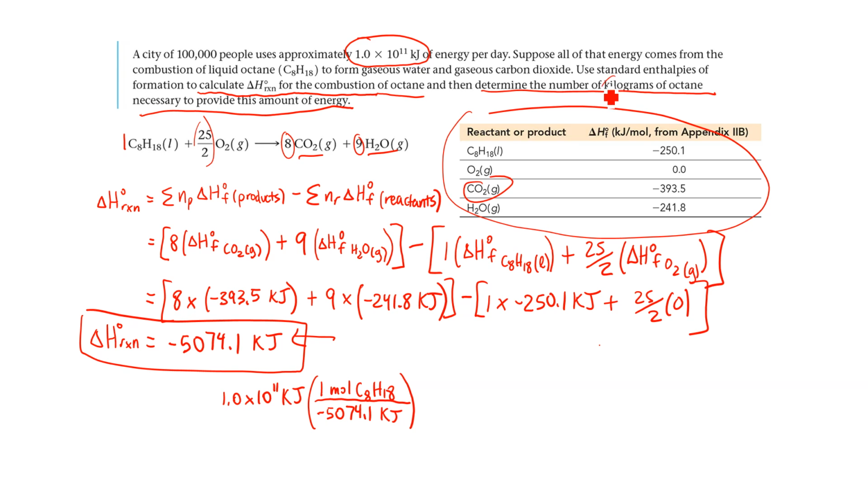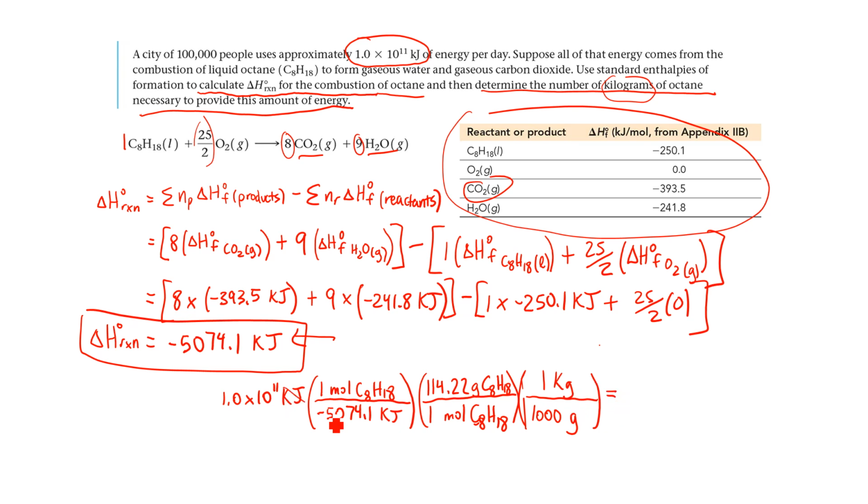But they wanted kilograms of octane. Right now we have moles of octane. How do we go from moles to kilograms? Well, why don't we go from moles to grams using the molar mass of octane? You can calculate it yourselves, but it's 114.22. And then you can go from grams to kilograms by saying for every 1,000 grams, I have a kilogram.